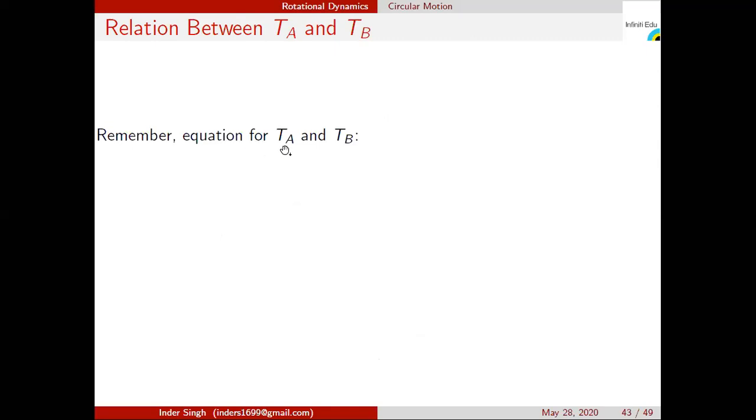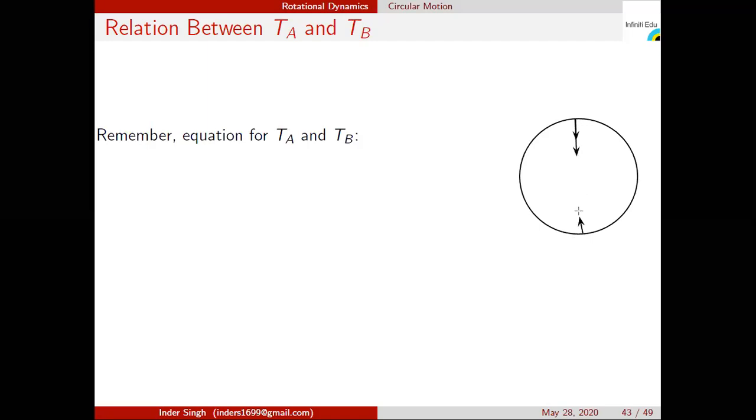If you remember the equation of TA, first of all, if you don't remember the equation of TA, you should draw a diagram to get the expression for TA. TA was in the vertical downward direction. Also, at position A, what other force was there? At position A there was the force of weight. So this was weight and TA.